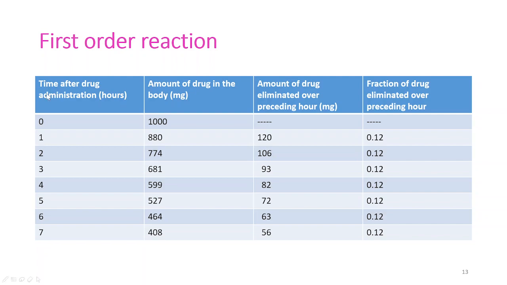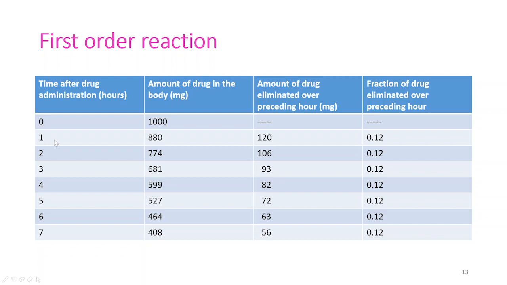Again, we have the time after administration measured in hours, the amount of drug in body in milligram, the amount of drug eliminated in milligram, and the fraction. At 0 hour, we give a 1000 milligram drug, so nothing yet is eliminated. After 1 hour, the 1000 becomes 880 milligram.